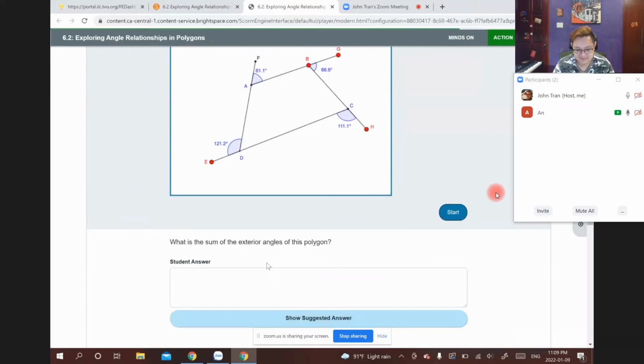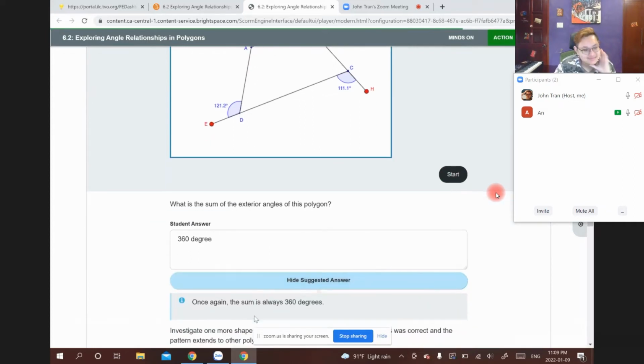What's the sum of the exterior angles of this polygon? 360 degrees. Once again, the sum is always 360 degrees.